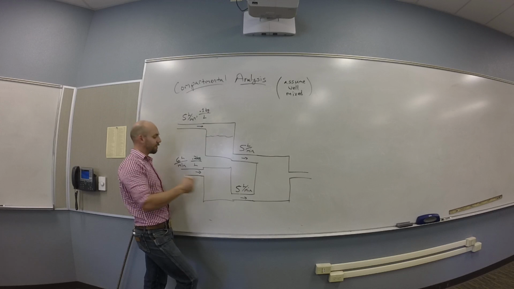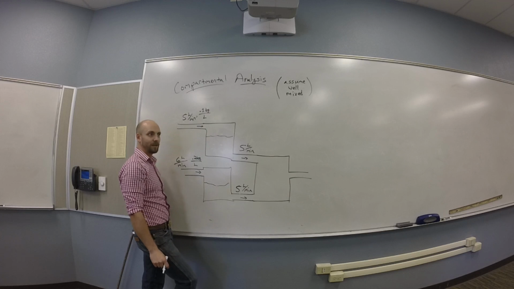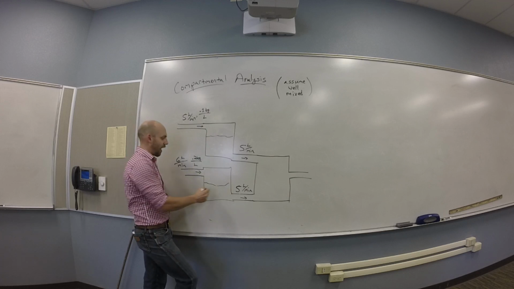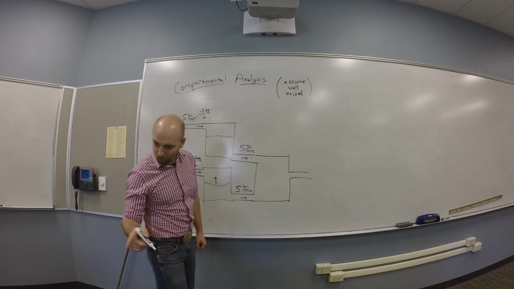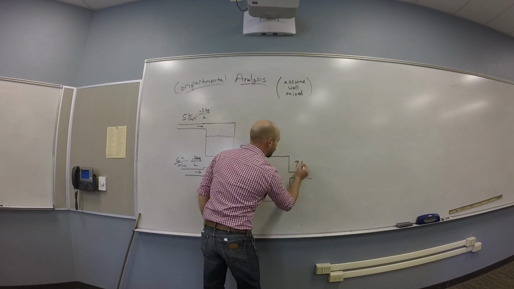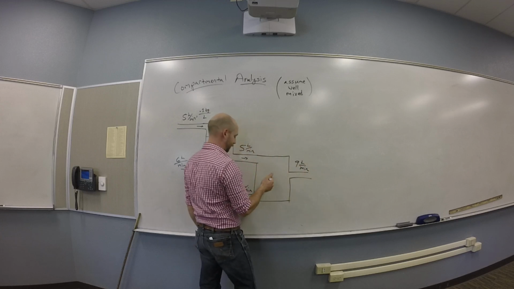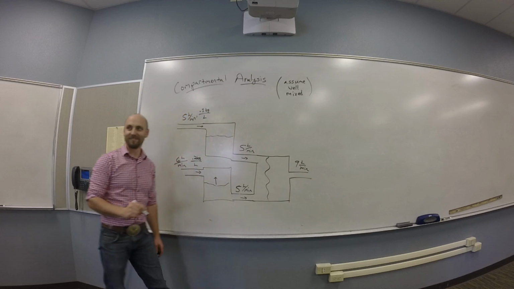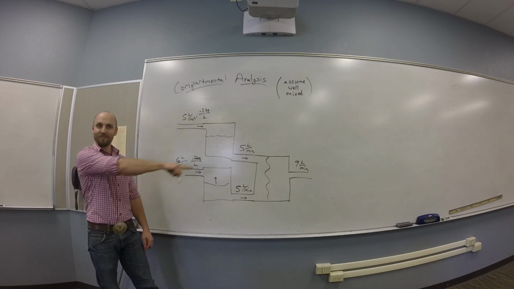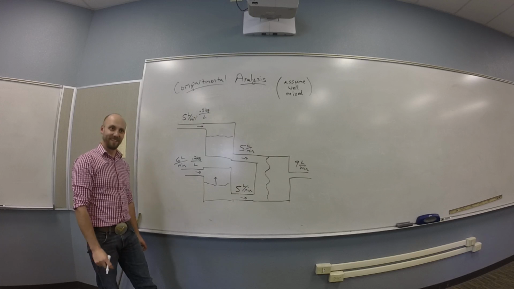You guys with that? If I start this one with some amount in there, what's the tendency going to be? Oh, and I didn't label that one. That one's supposed to be 9 liters per minute. Okay, so if I start this one with... Well, obviously it drains out the bottom. Don't be silly. That's the bottom?